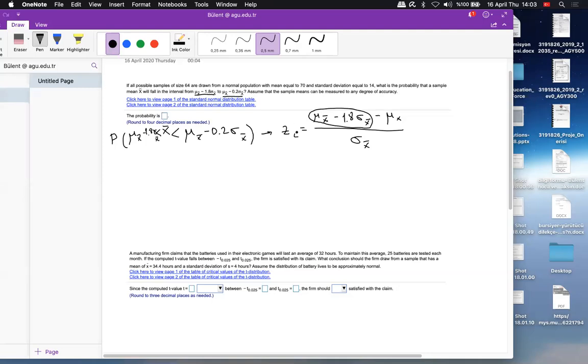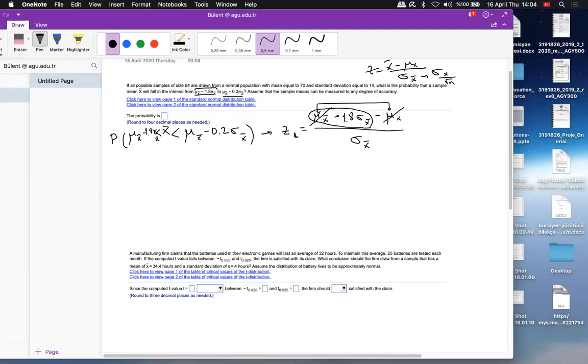So in terms of the lower limit, I use this. If you remember, Z was equal to X bar minus mu X divided by sigma X bar, which was equal to sigma X divided by root N. You remember all these, right? So what I'm doing is I'm putting this lower bound into this Z formulation. Now, from the central limit theorem, I know that mu X bar and mu X are equal, so they cancel out.